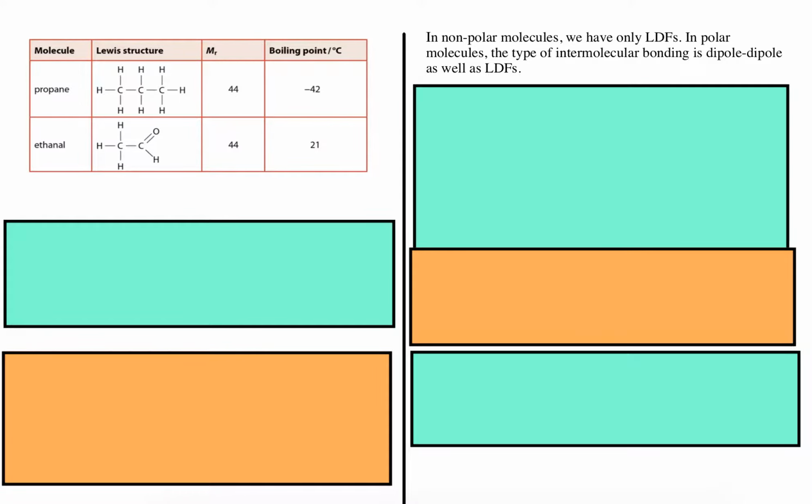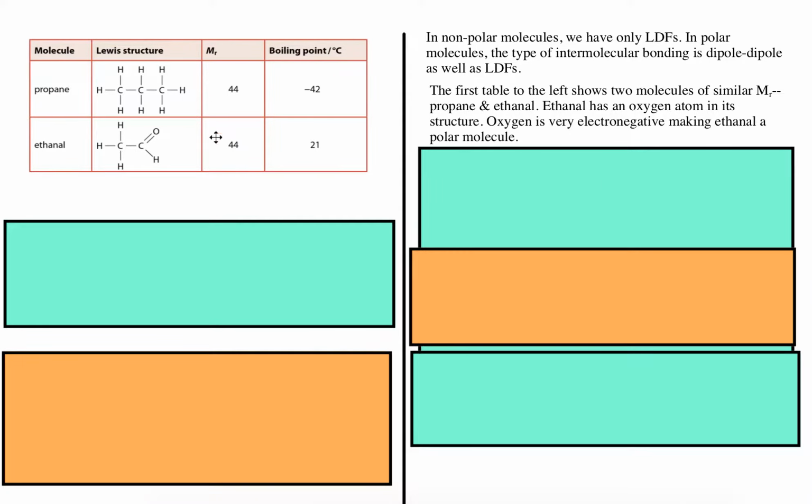If we were to draw that permanent dipole, it would point toward the carbonyl, toward the oxygen. Look at the boiling point. If I compare a nonpolar molecule and a polar molecule of comparable molecular mass, I can predict that the polar molecule will have the greater boiling point, and that indeed is the case.